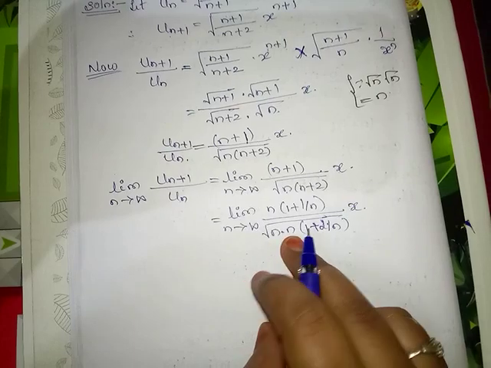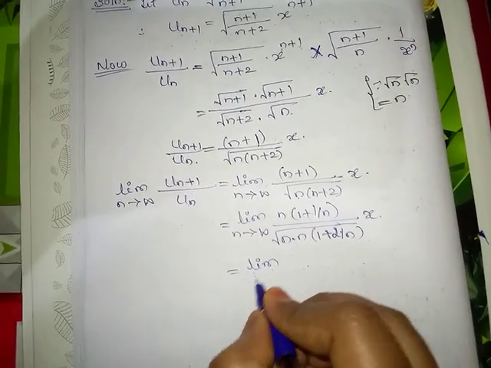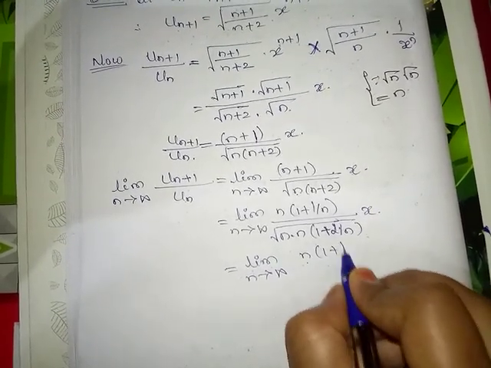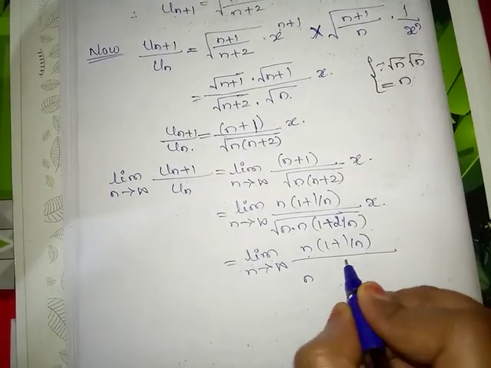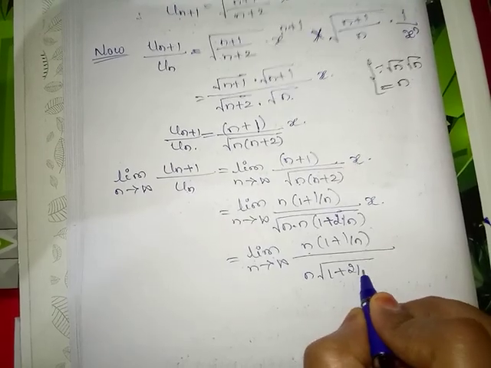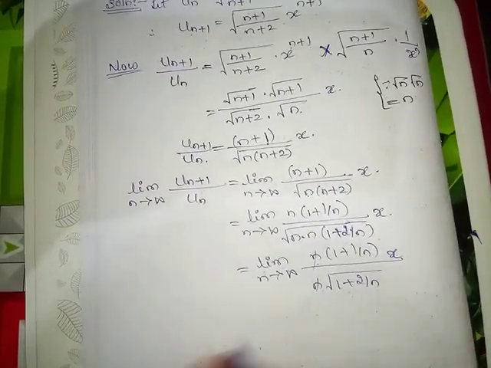When we take this n square outside the square root, it will be simply n. N into 1 plus 1 by n divided by n into square root of 1 plus 2 divided by n into x. N get cancelled.